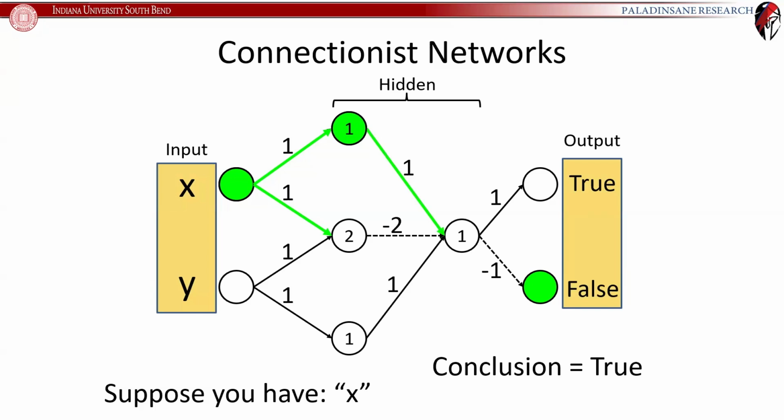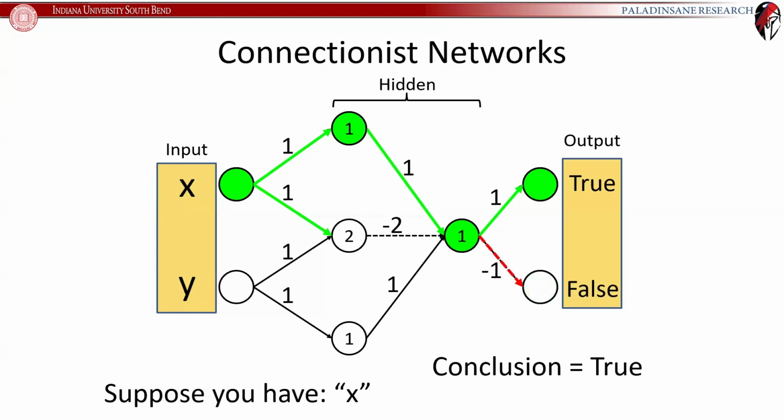That strength of 1 is enough to activate that hidden node. Now this node is going to fire off its connections, and it has a strength of 1 being sent to the true node. And importantly, it has a strength of -1 being sent to the false node. So not only does it turn on the true node, but it also turns off the false node.